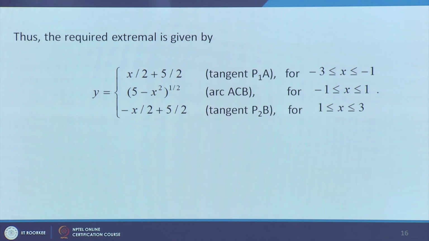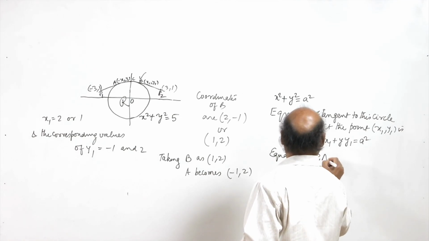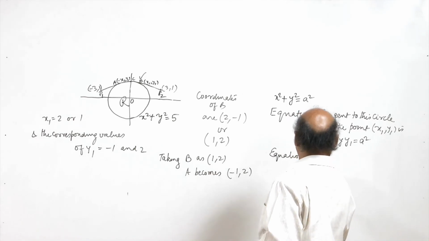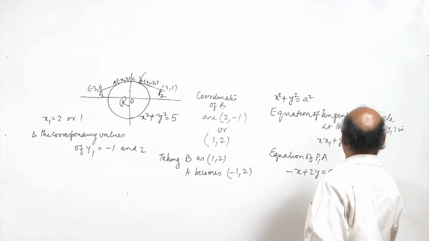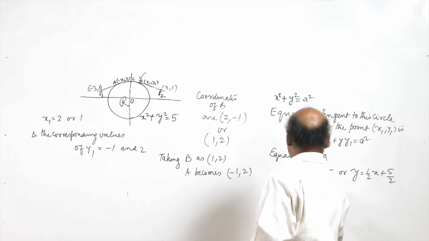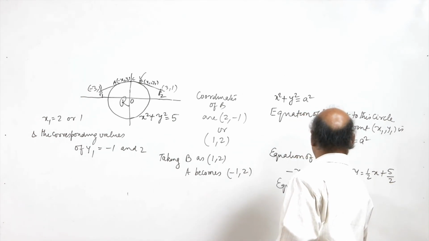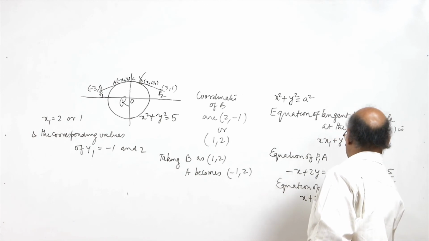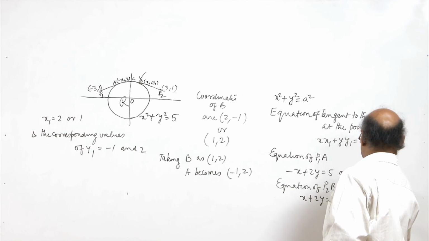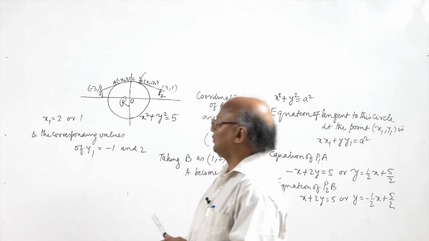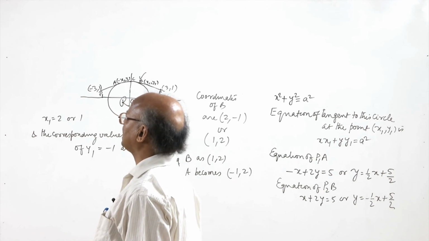So, the required extremal, therefore: the equation of P1A is minus x plus 2y equal to 5, or y is equal to x by 2 plus 5 by 2, and the equation of P2B is x plus 2y equal to 5, or y is equal to minus x by 2 plus 5 by 2.